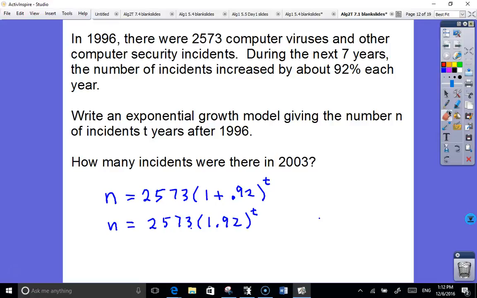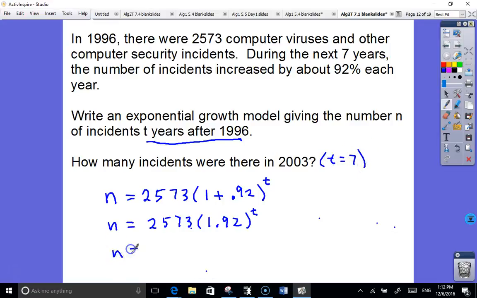Okay, now how am I going to use that to find the number of incidents in 2003? What's the value of t in 2003? What does it say there? T years after 1996. So it's 7. So in 2003, t equals 7. So you're going to put that in.